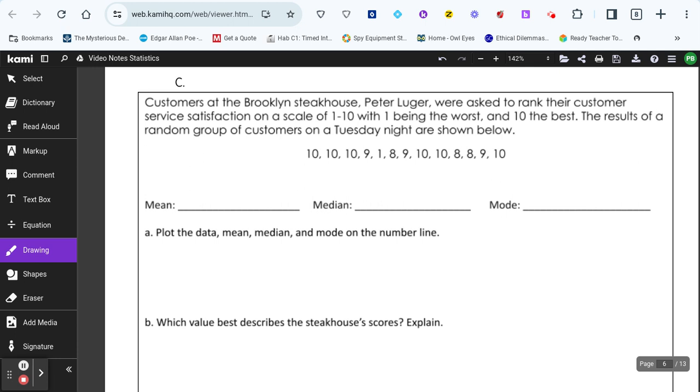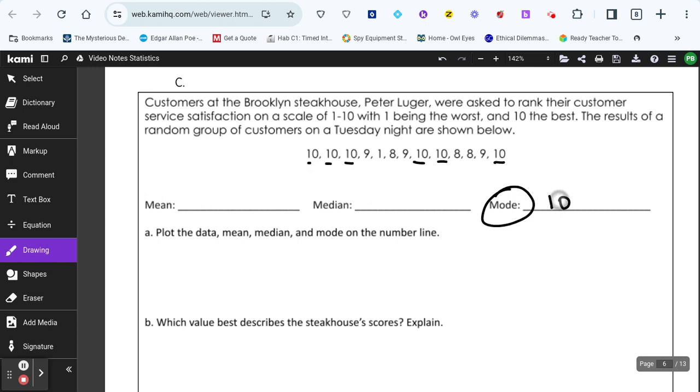So anytime you ask for the results of a survey that require you to put a rank or something like that, I can already tell you it's going to be the mode, okay? So 10, 10, 10, 10, 10, 10.